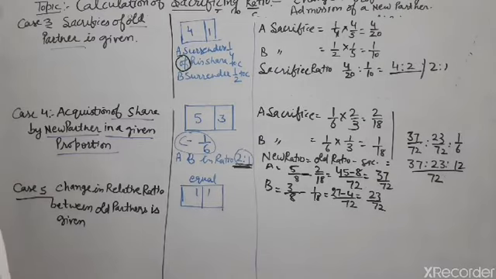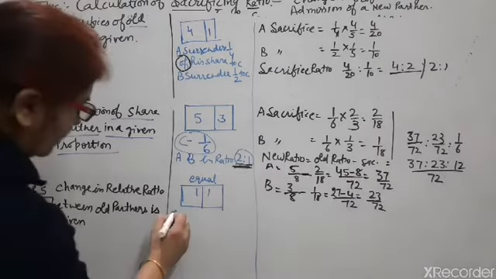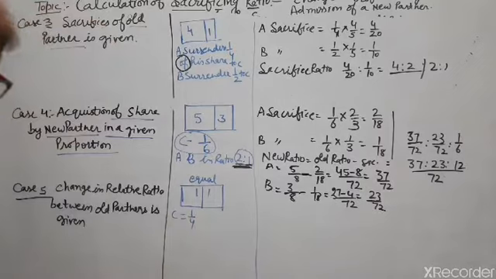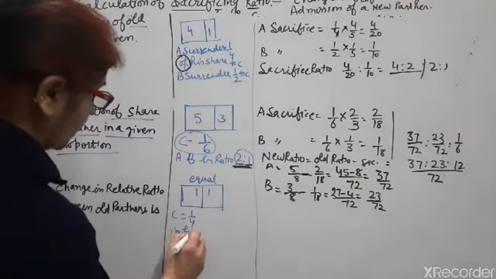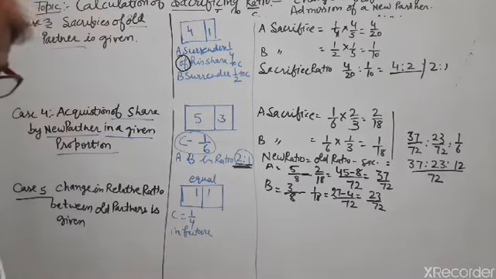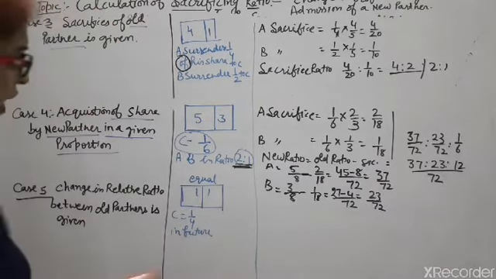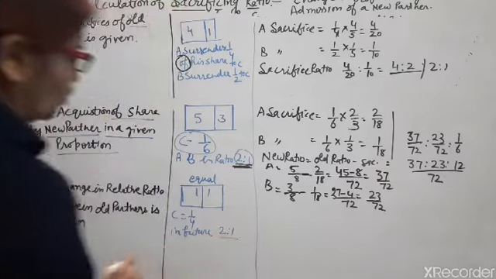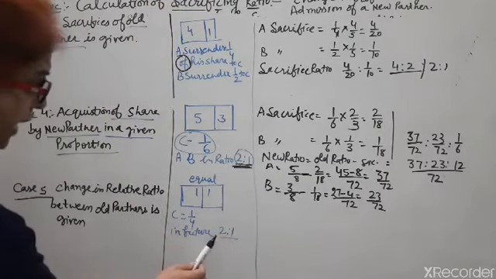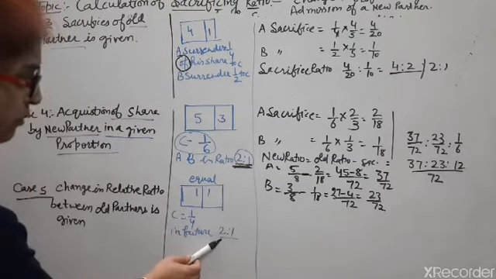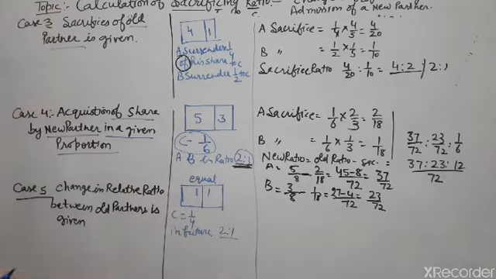A and B are equal partners, they admit C for 1 by 4, and in future A and B divide their profit in 2:1. Here it is the new ratio of A and B, and it is the sacrifice ratio.